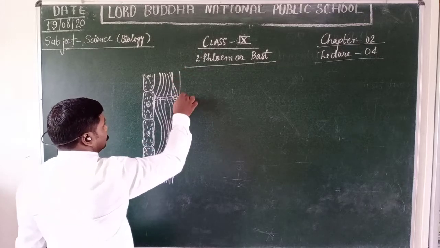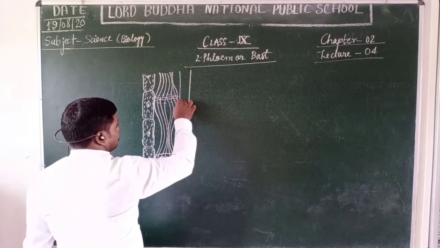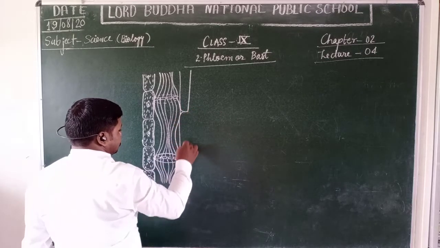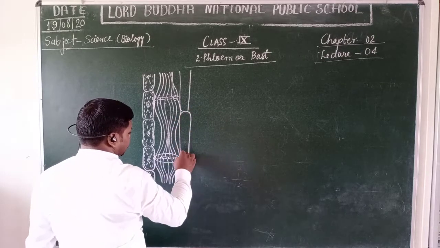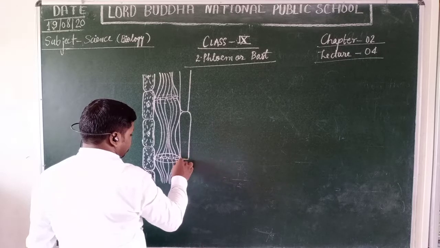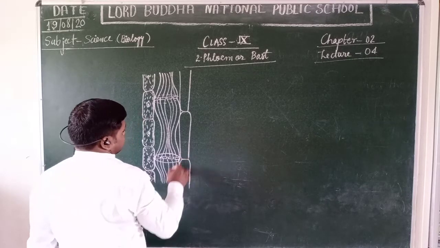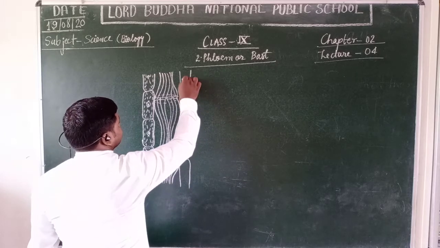Now here I draw the phloem parenchyma cells. These cells are comparatively more elongated than the parenchyma and companion cells of the phloem.